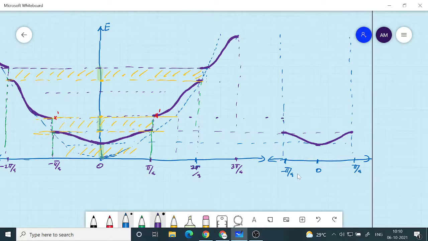And then it will be like this. It will come like this. And this one I'm shifting to the right by 2 pi by a. So that will just join with this. Okay.